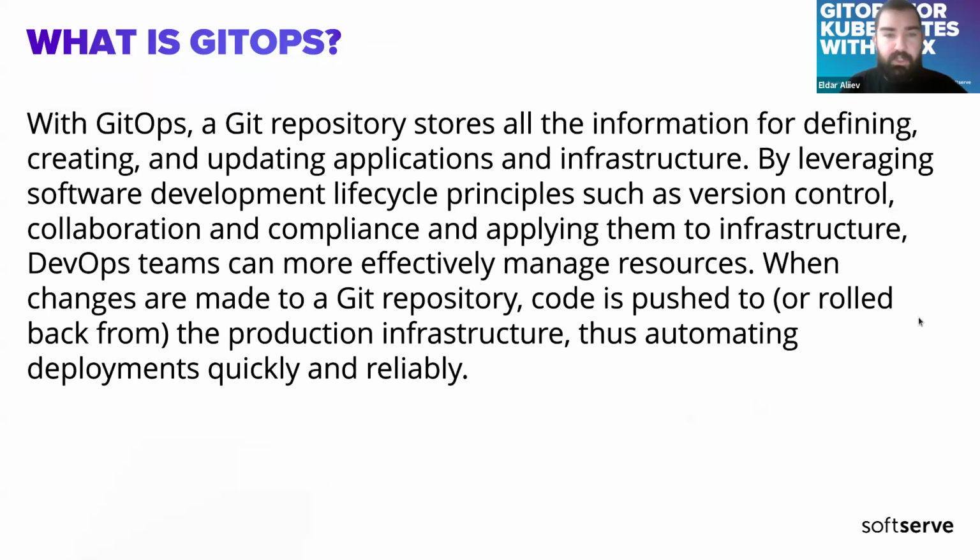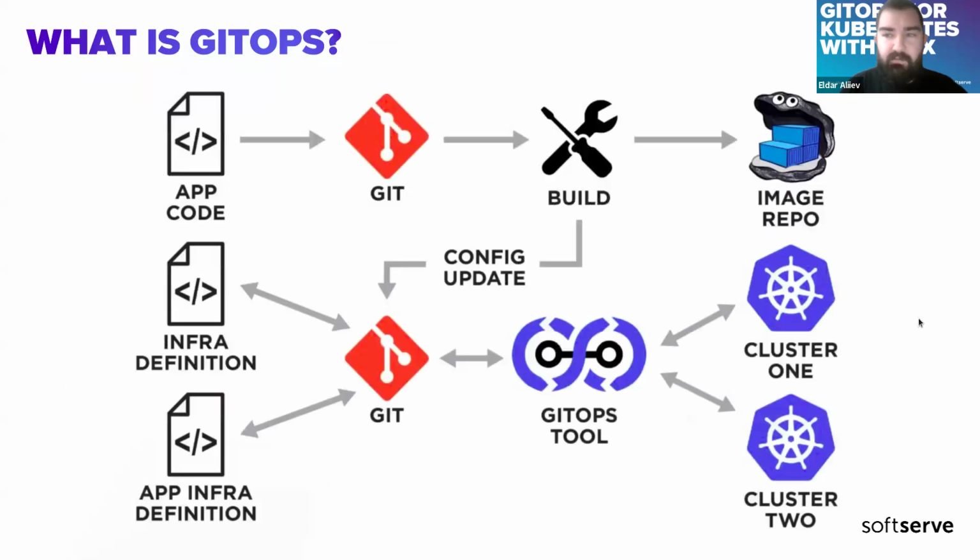Let's not care about the definition. Let's check the schema. It's easier than explaining here. So you have a Git repository. In this Git repository, you put infrastructure definition files like Terraform files, and some application infra.